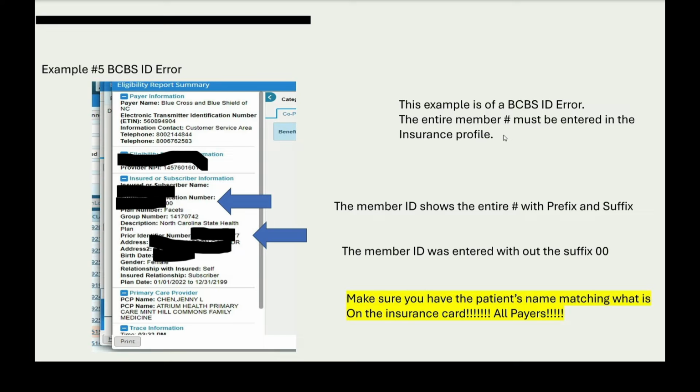They want what matches on the actual insurance card. So it should say Gregory A. Smith. Same thing goes if you're a junior, a senior, a third, a second, a fourth, whatever, all those that are out there, it has to match.